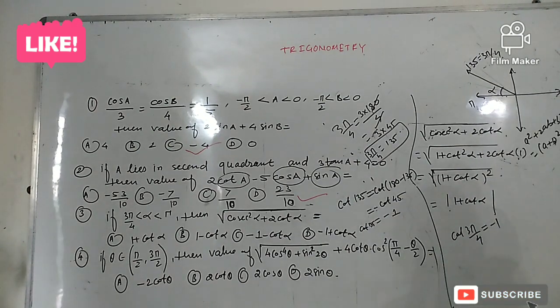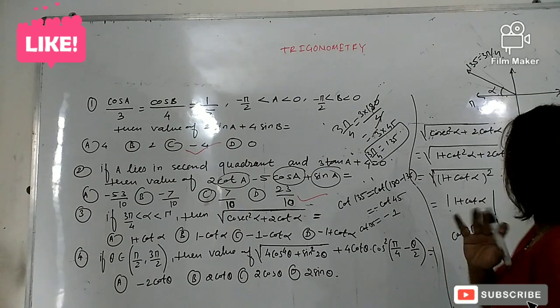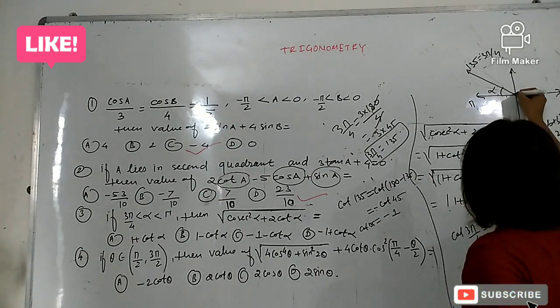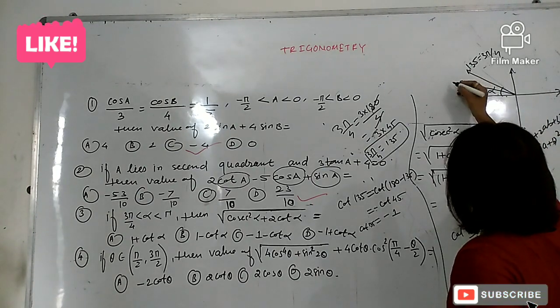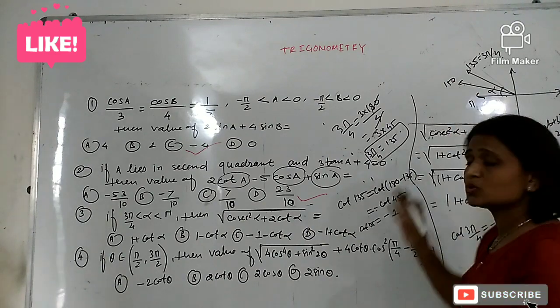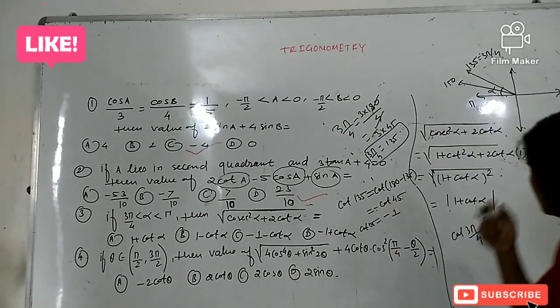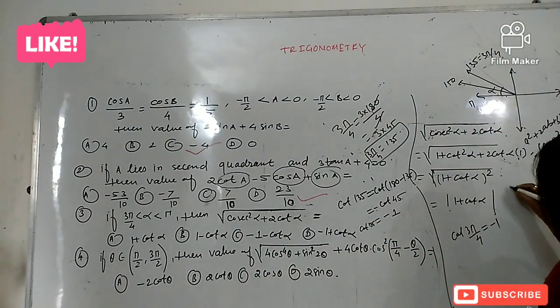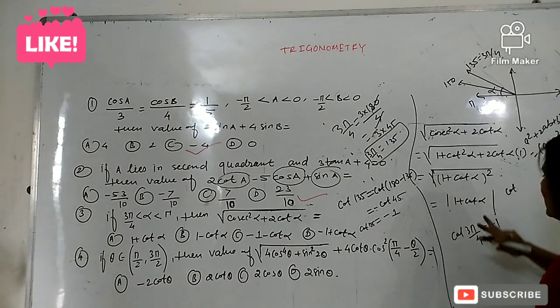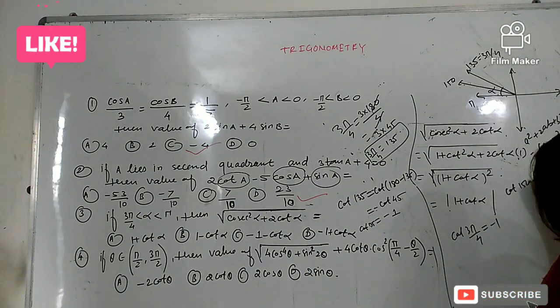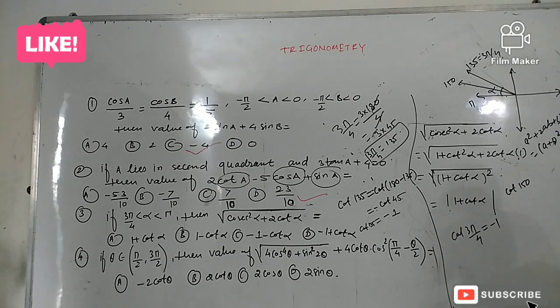And I am calculating one more value here. Suppose after 135 there is another angle, suppose it is 150. So also calculate the value of cot 150. So what is the value of cot 150? Again my allied angle formula: cot 150 is equal to cot of 180 minus 150.